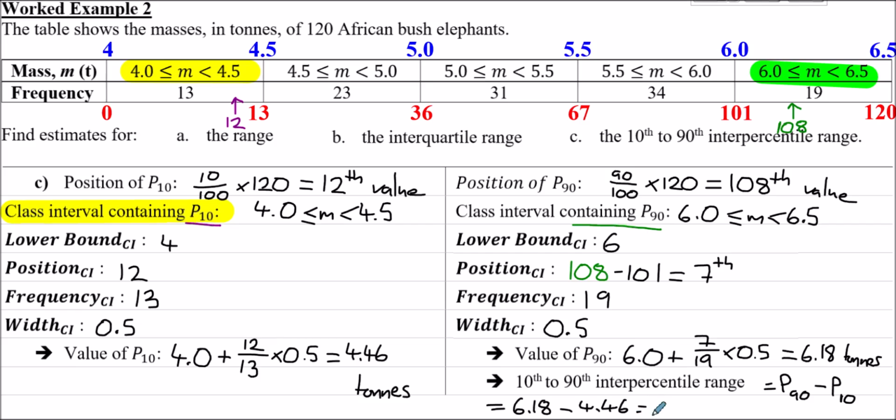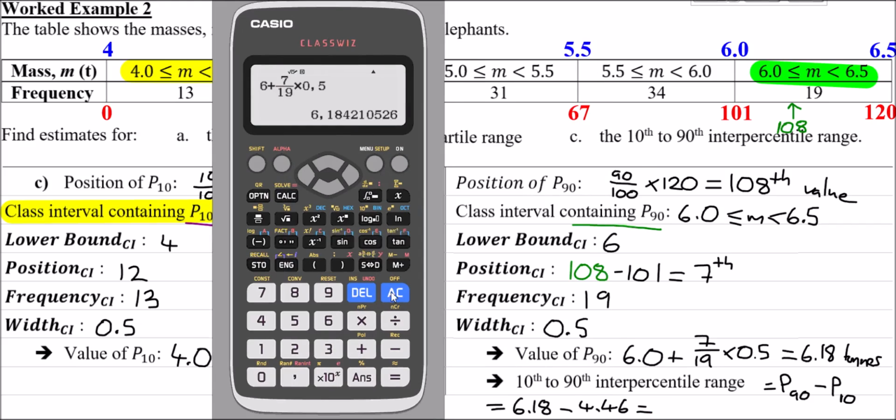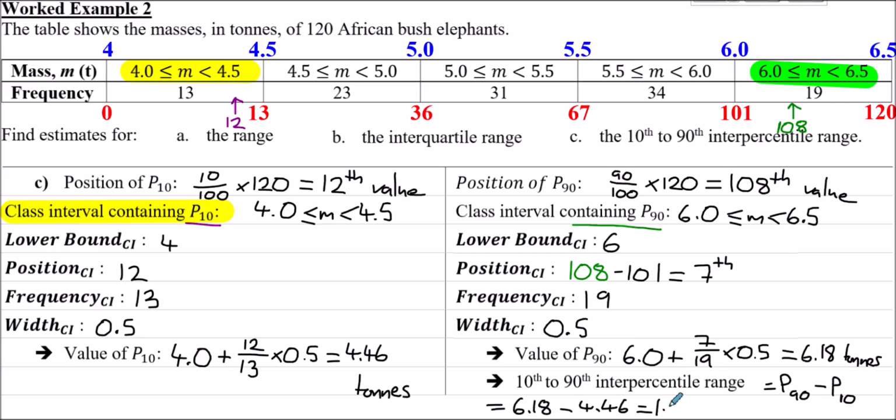So 6.18, subtract 4.46. You can do this again on the calculator we can trust more than anything. So 6.18, subtract 4.46. That gives us a value of 1.72 tons for the 10th to 90th interpercentile range.